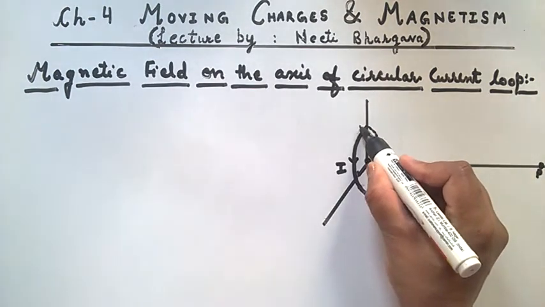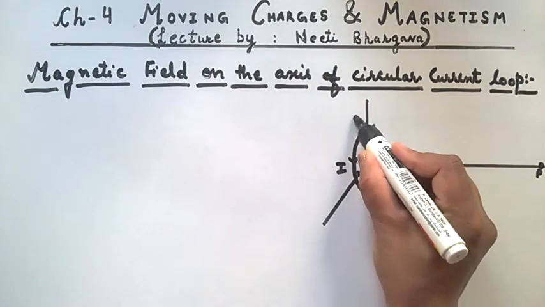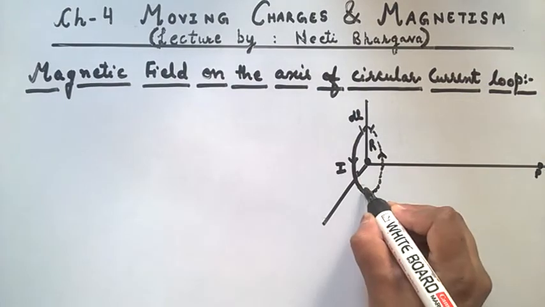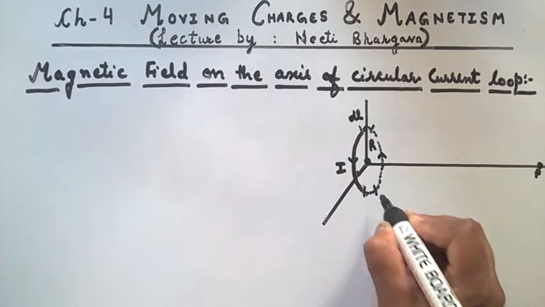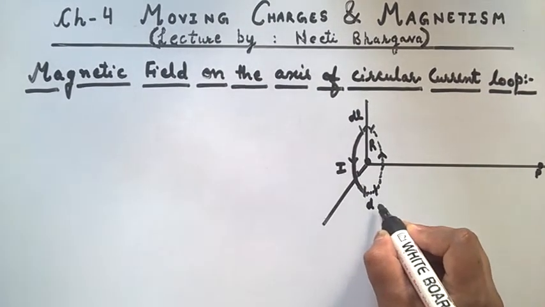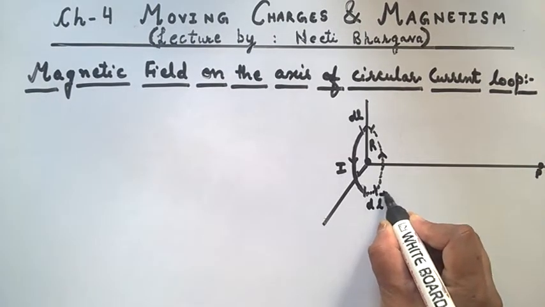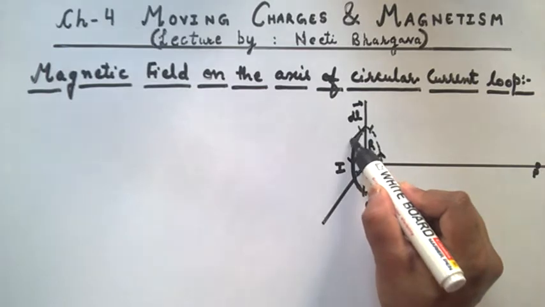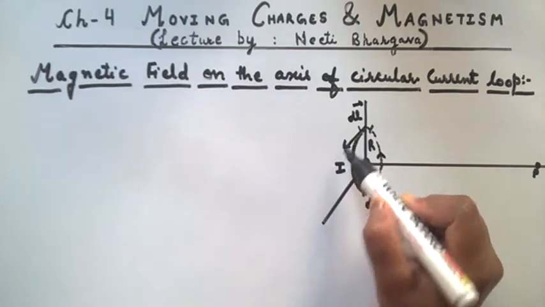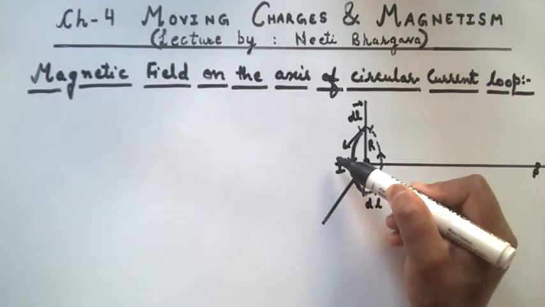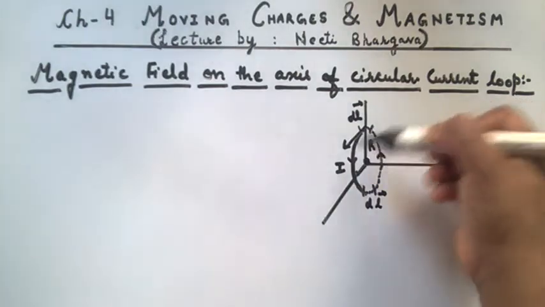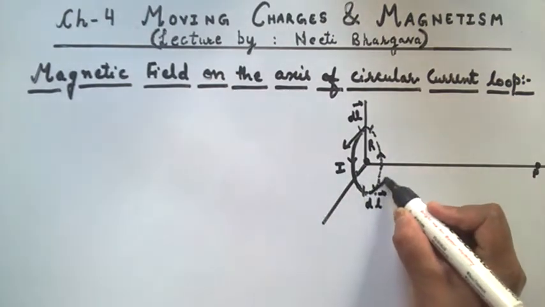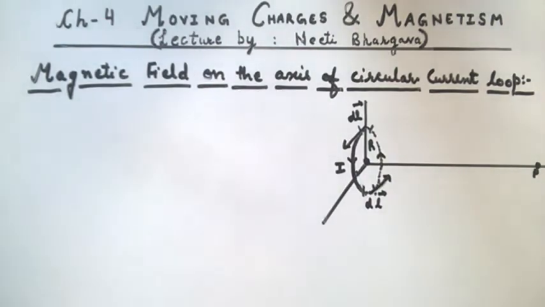Consider a small length element dl at this end, and at its diametrically opposite point consider again a dl element. The direction of this dl element is tangential and it is outward to the plane of this coil, and at this point it is inward to the plane of this coil.